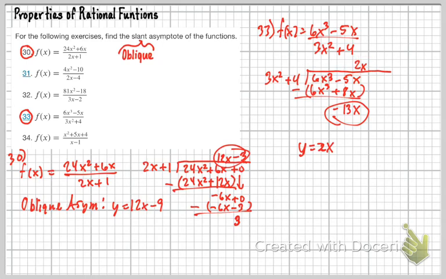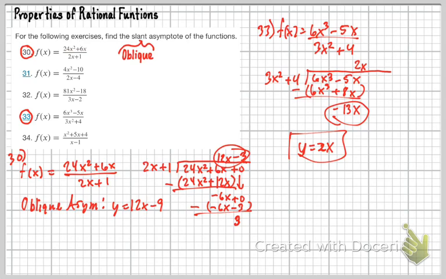Now, one thing to notice on top of everything we've done so far: we just simply divide it, and that's going to be the oblique asymptote. But for each of these, notice the degree on top for the first one is 2. The degree on the bottom is 1. The degree on the top is always going to be 1 larger than the bottom, and these are all that way.